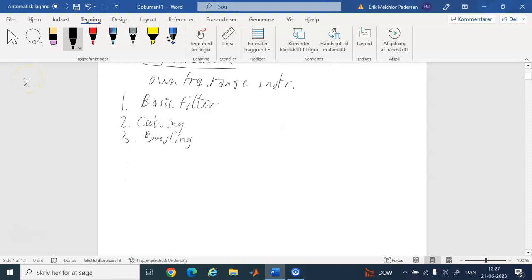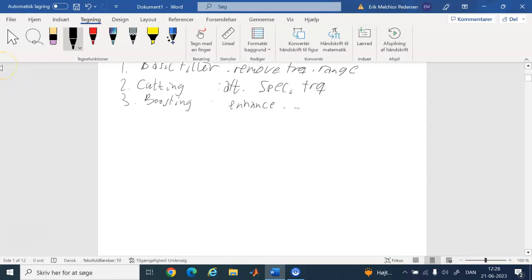The basic filtering is to remove a frequency range, attenuate, cutting, attenuate specific frequencies, and boosting means enhancing some characteristic.